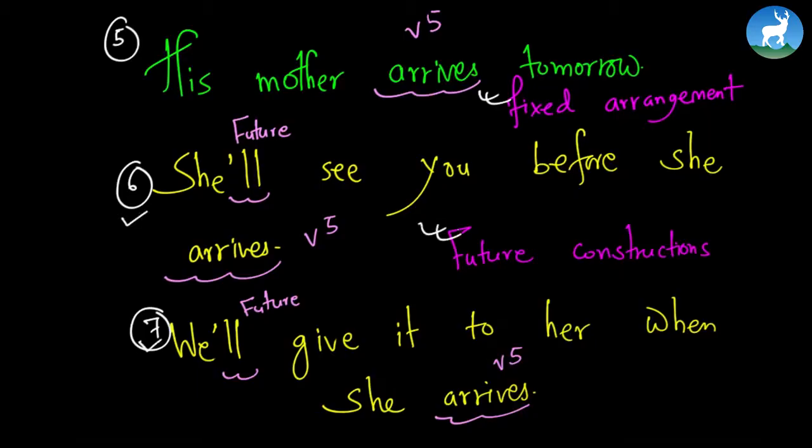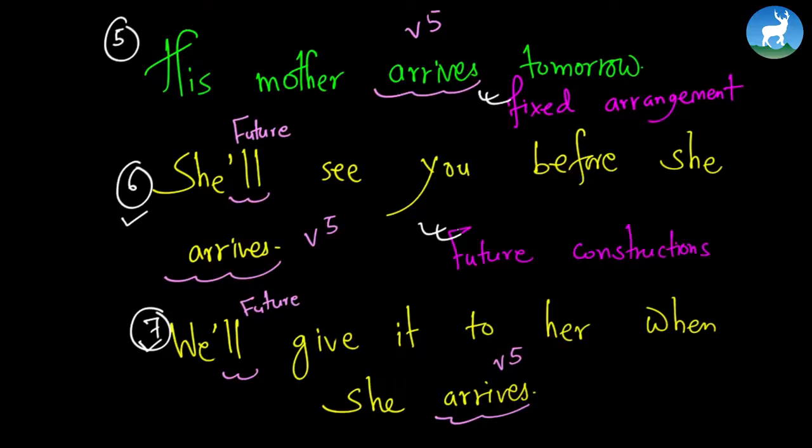Now we've learned around 6 different uses of the simple present tense. Let's revise them quickly. We use the simple present tense for habits, for repeated actions or events, for general truths, for instructions or directions, for fixed arrangements, and finally with future construction.